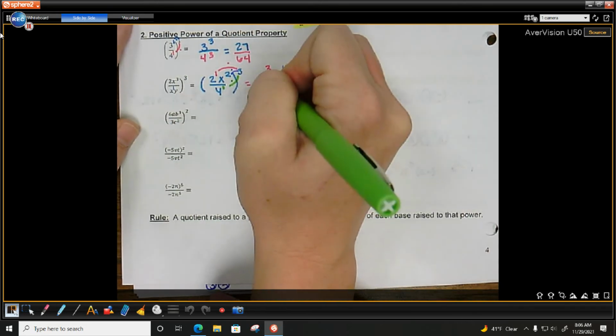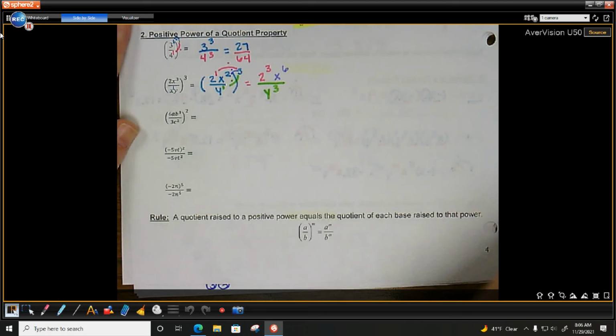Now what is 2 to the third power? Two times 2 is? 4 times 2 is? 8. So 2 to the third power is 8.